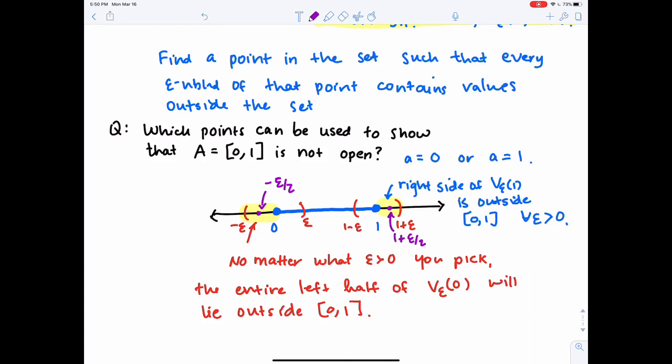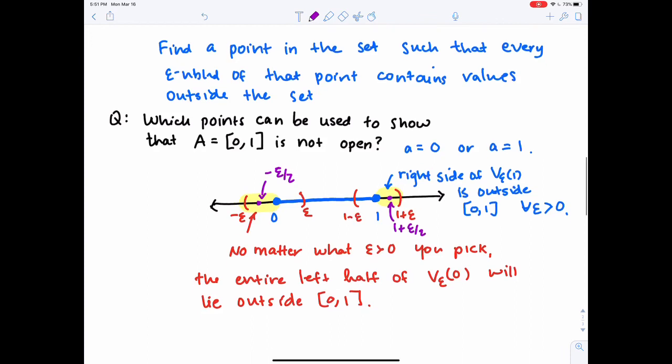The whole idea here is I'm trying to demonstrate that given my epsilon neighborhood, I can find a point in that neighborhood, so it can't be one of the endpoints. It has to be a point in the neighborhood that is not in the set A, in this case, not in the closed interval [0, 1].